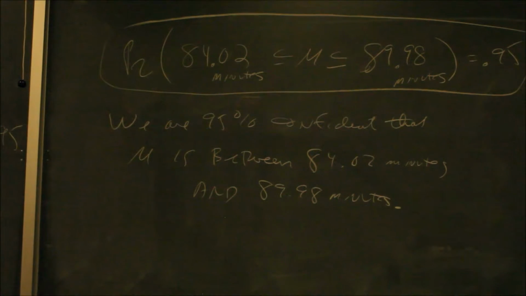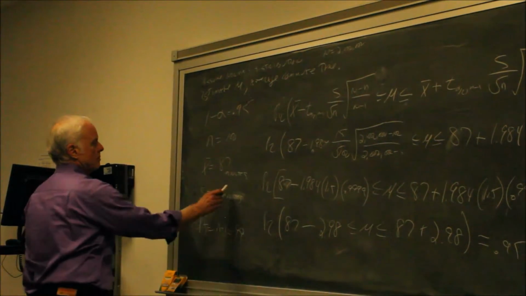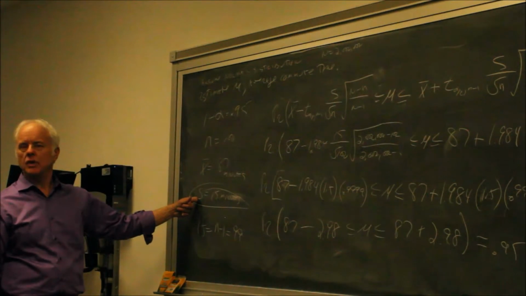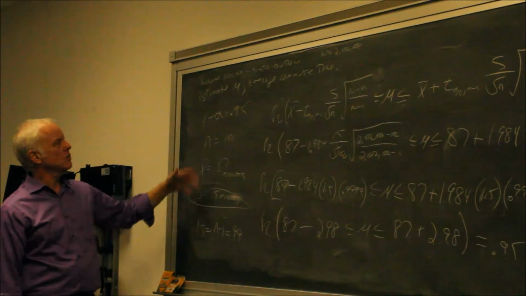Is that a tighter or a wider interval than when we knew sigma? Because like I said, the only difference here is S is the sample standard deviation, sigma was the population standard deviation, and nothing else changed.